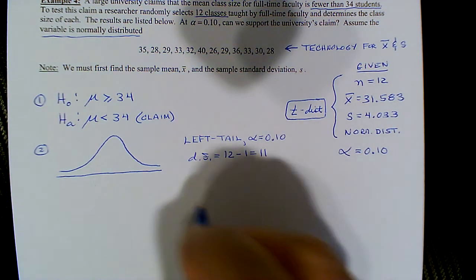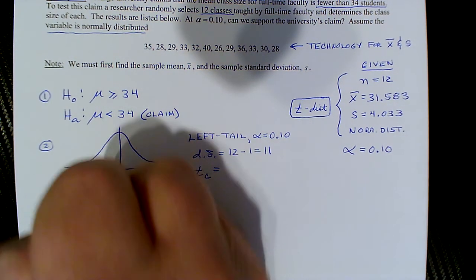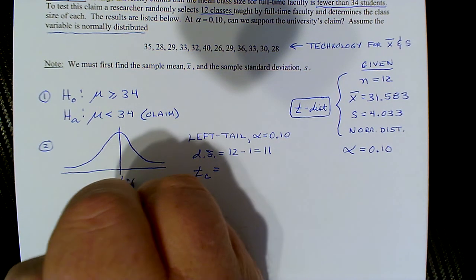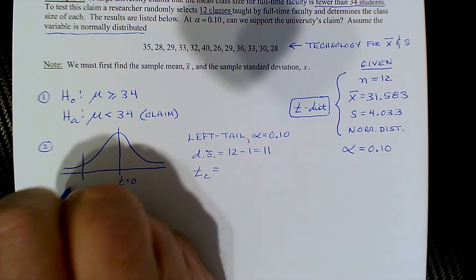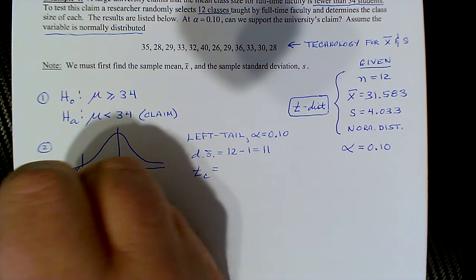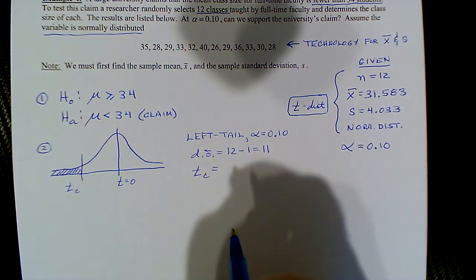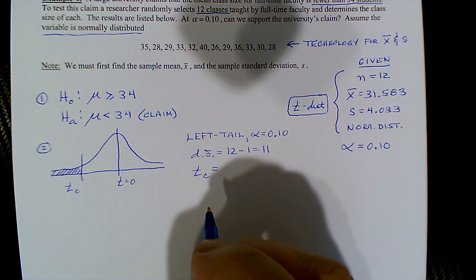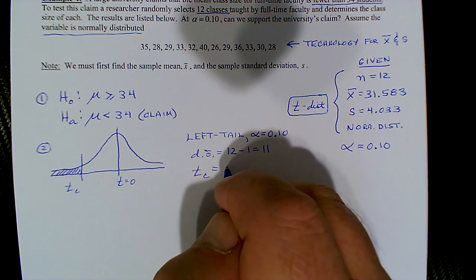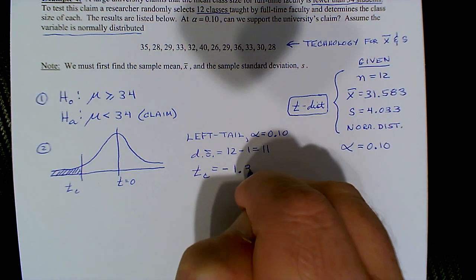And t sub c. Okay, we've got t equaling 0 down the middle again. You don't need to write that, but t sub c, because it's a left-tailed test, is on the left. There's the critical region then in that tail. And I'll trust that you could look that up in the table. You get 1.363, but it's left-tailed, so negative 1.363.